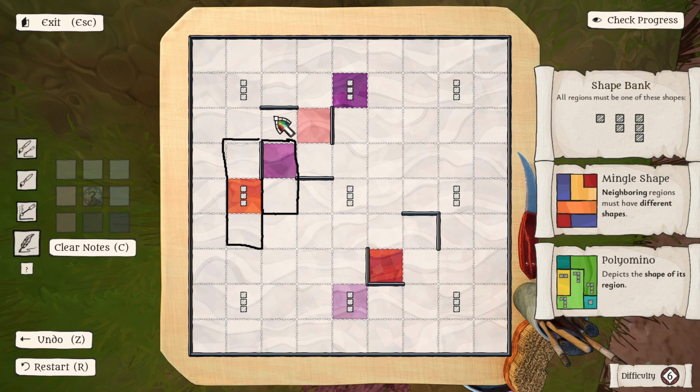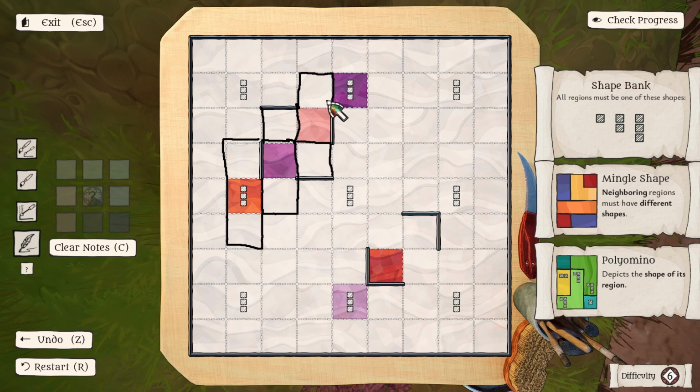Now this couldn't be part of a 3, so it would just be a 1. Which would mean this was a 2, but it would have to go this way. And this couldn't be part of a 3, so it would be a 1. Because a 3 would come out to here and interfere here.